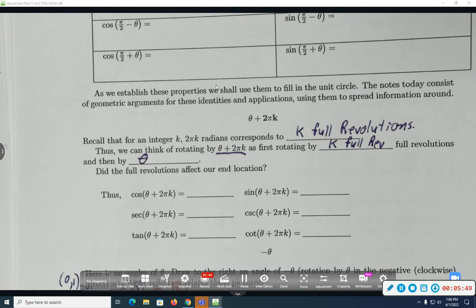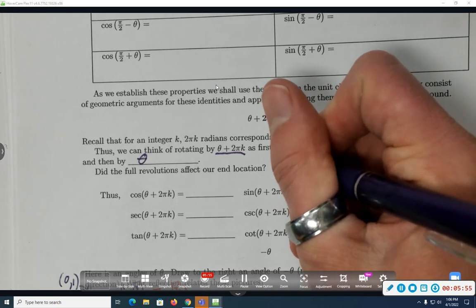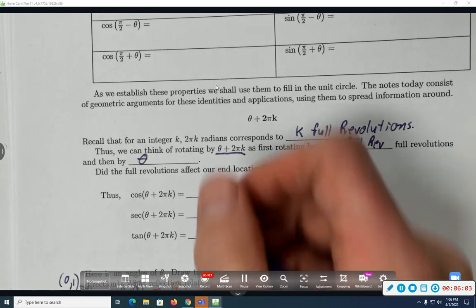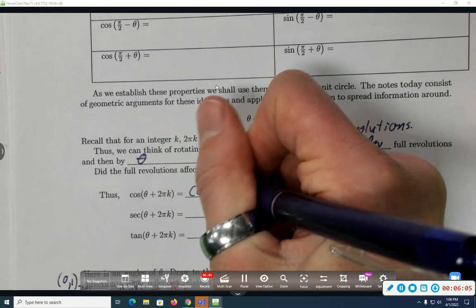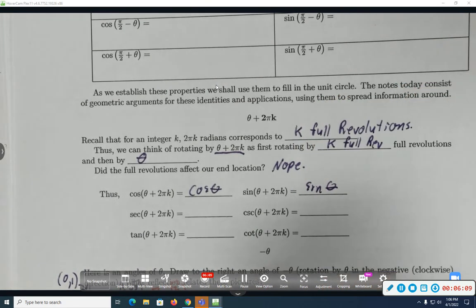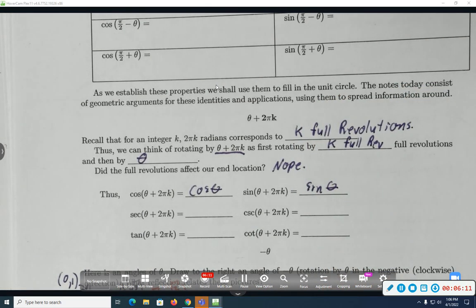No. So it's the same as just rotating by an angle of theta. So similarly, those 2 pi k's don't affect sine and cosine. Cosine of theta plus 2 pi k is the same as cosine of theta. Sine of theta plus 2 pi k is the same as sine of theta. So can I do the same thing for all the other trig functions? Yeah, nice.